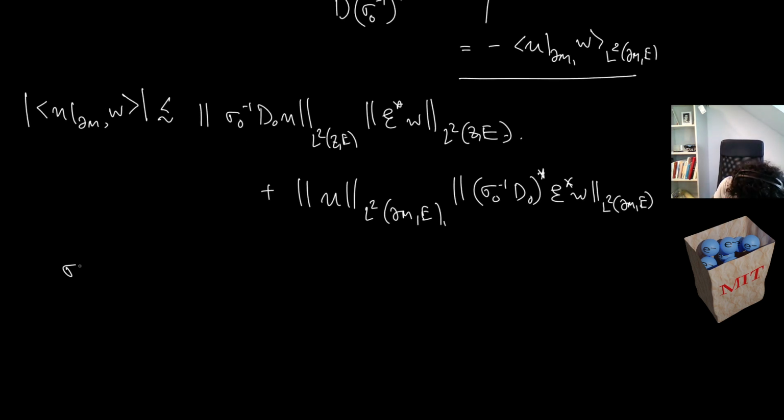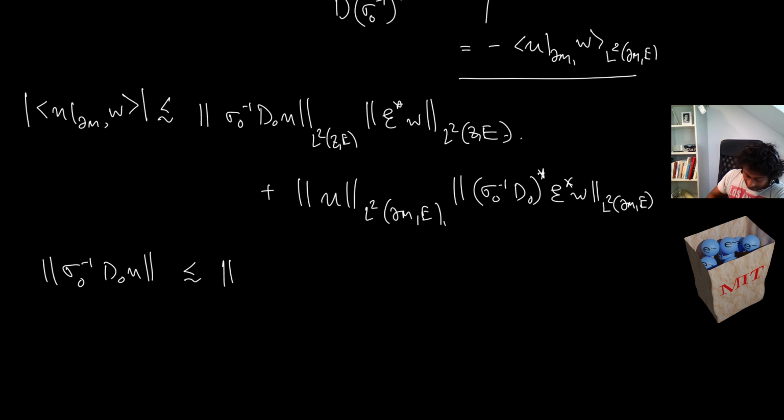Okay. So, firstly, what's this sigma naught inverse d naught of u in L2? Well, I've written where it is. This is now going to be bounded by, because this is a bounded endomorphism, just on each slice. Even though we're integrating this on the cylinder, this is just supremum bounded, because it's just acting on each boundary slice.